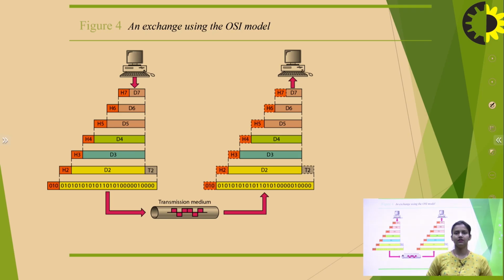On each layer we are adding some information like H7, H6, H5, H4. These are some information or key points which we are adding from one layer, so that it can easily go to the receiver, and it can communicate easily.